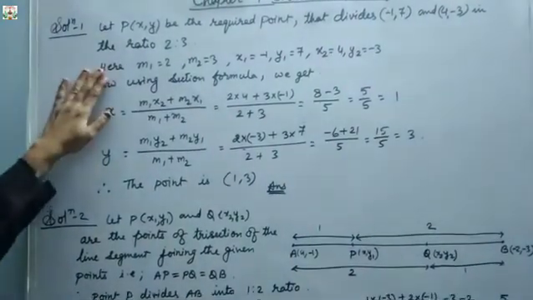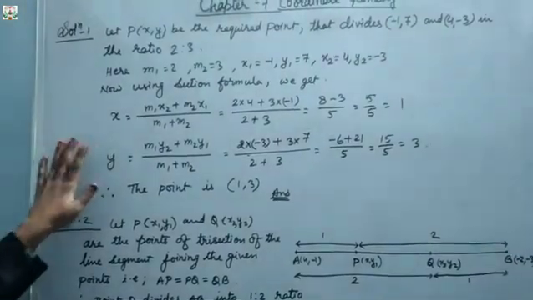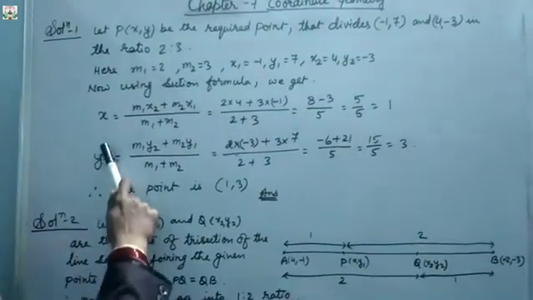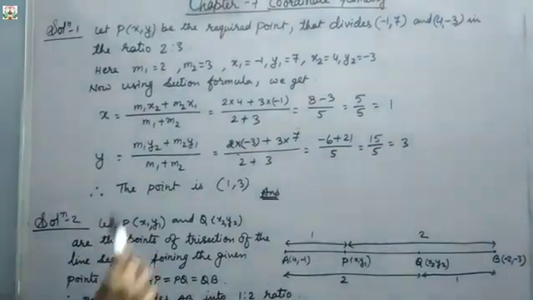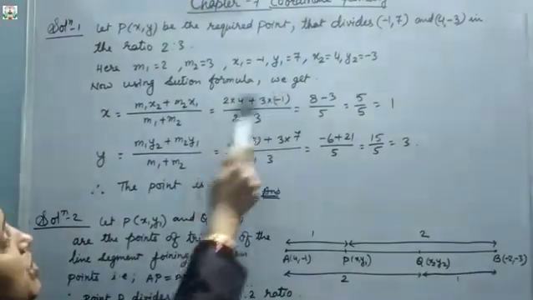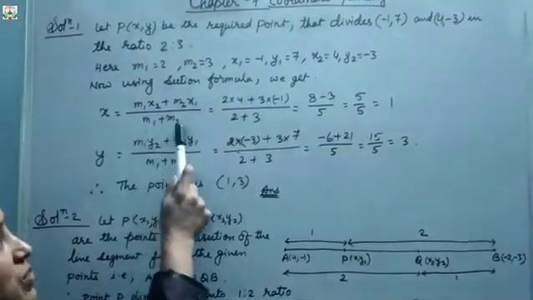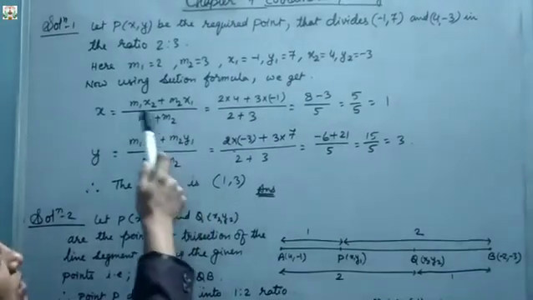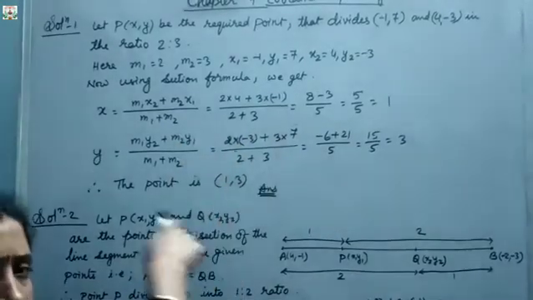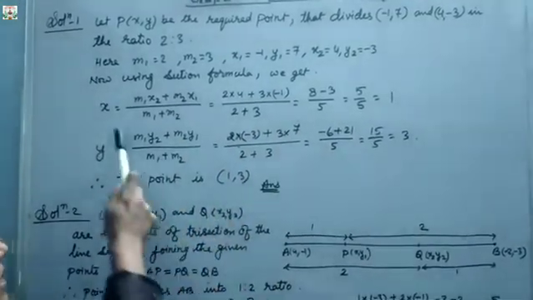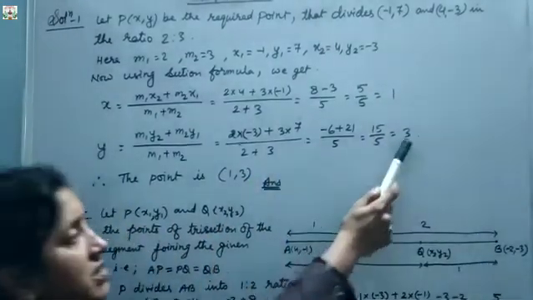Now putting all these into our section formula, we will get the values of x and y for that particular point P. Using the section formula, x equals m1 x2 plus m2 x1 upon m1 plus m2. The formula we know. Now substitute the values of m1, m2, x1, y1, x2, y2 wherever given. Put them in and you will get the value of x as 1 and y as 3.